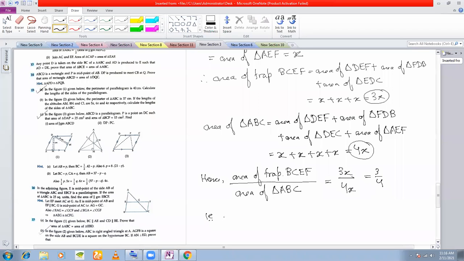That is, area of trapezium BCEF is equal to 3/4 area of triangle ABC, and this is proved. Any questions on this problem?